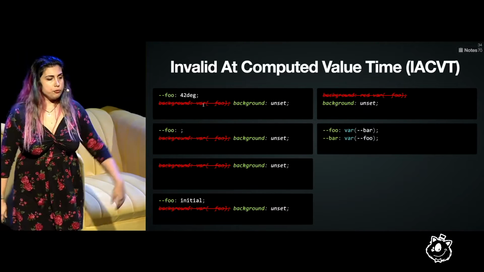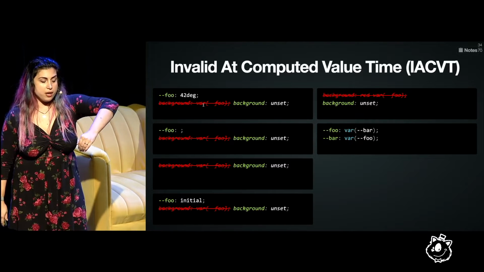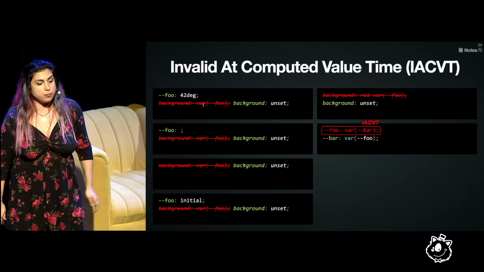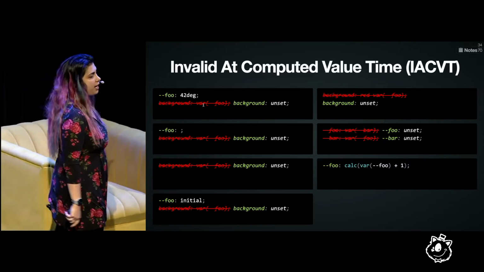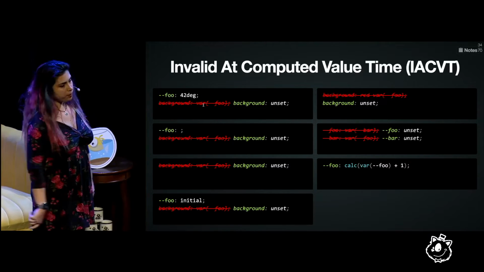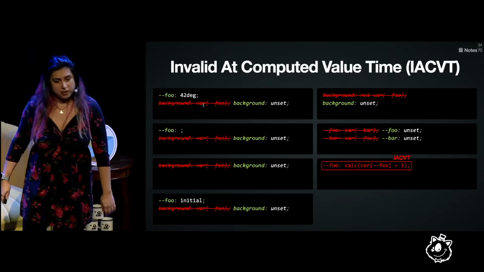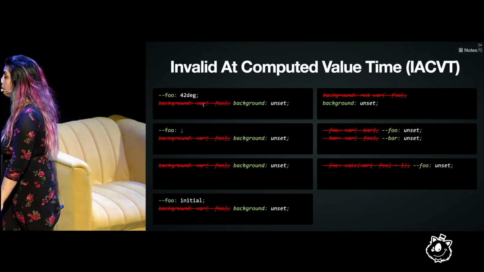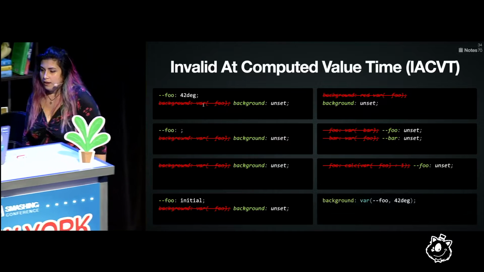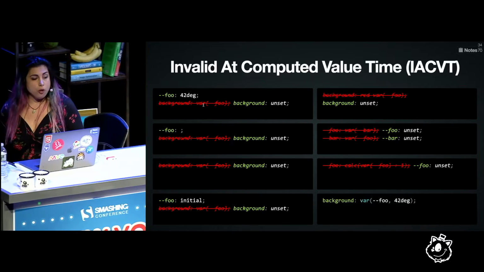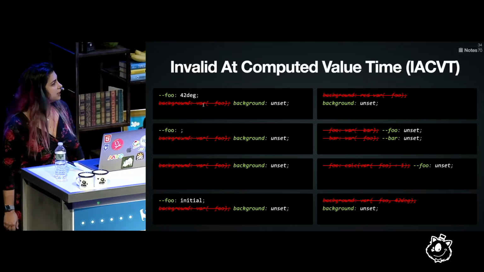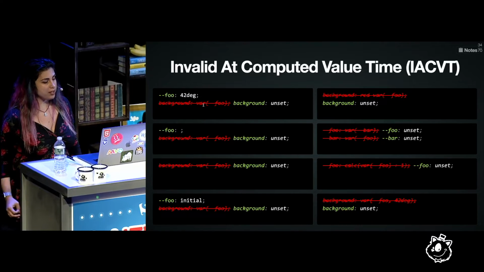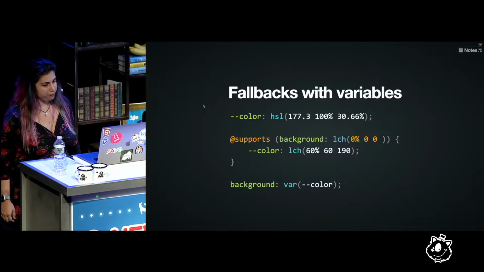If you have a cycle, if you have a variable that's referencing another variable and the other variable is referencing your first variable, both of them invalid at computed value time. If you're trying to set the value of a variable based on the same variable, this is not JavaScript. It's a cycle, invalid at computed value time. And also, fallbacks can make variables invalid at computed value time. So this thing keeps coming up, and if you don't know about it, it can trip you up real bad.